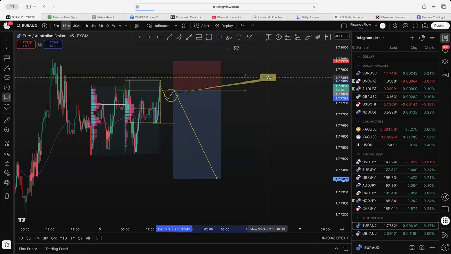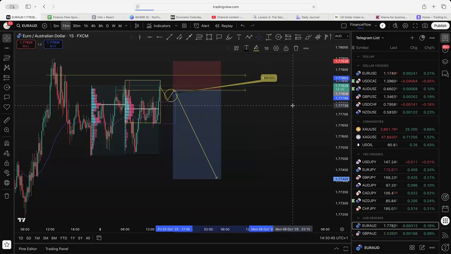So let's put this down here, and then let's put: looking for a weaker dollar, looking for a break below of probably Asian high, retest zone before entry.